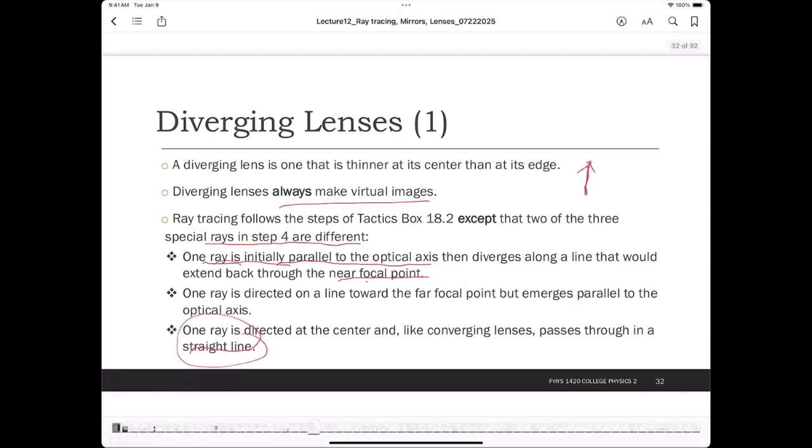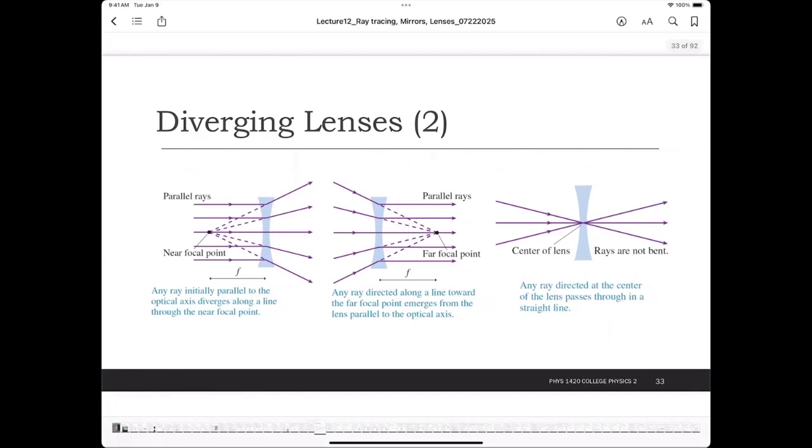We can see this. For divergent lenses, the first ray is parallel to the axis, but it will diverge after this lens.